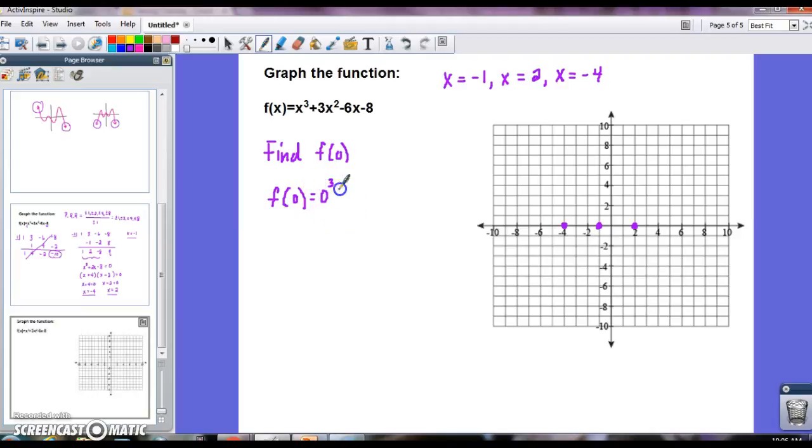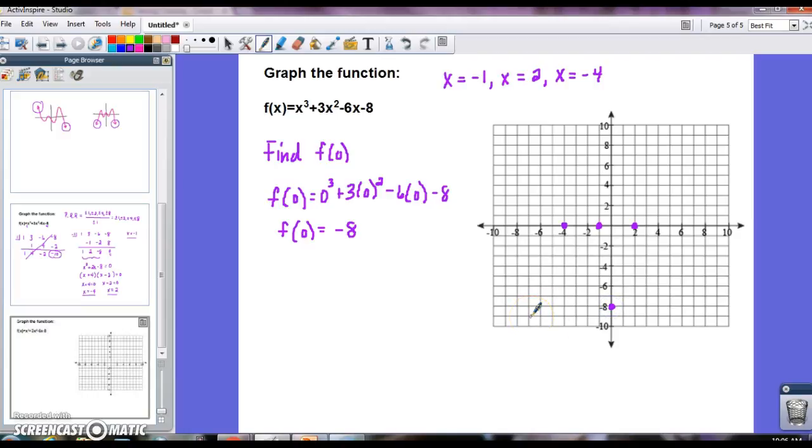So 0 cubed plus 3 times 0 squared minus 6 times 0 minus 8. We get f of 0 is equal to negative 8. So (0, negative 8) is also a point on my graph. I'm going to plot that point as well.